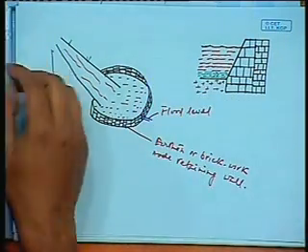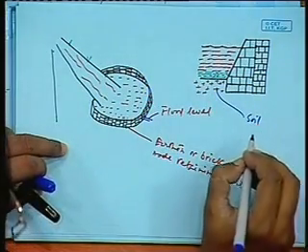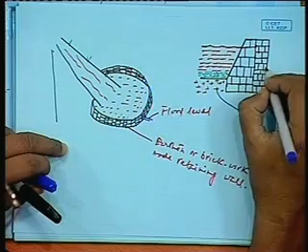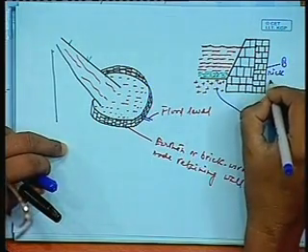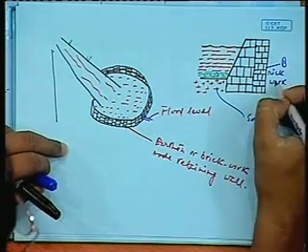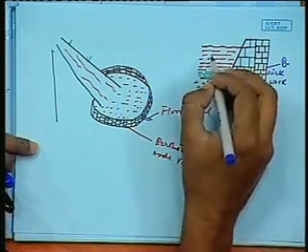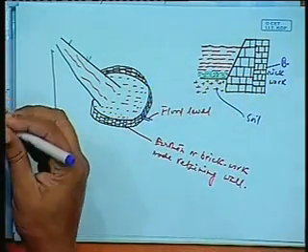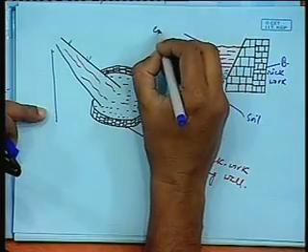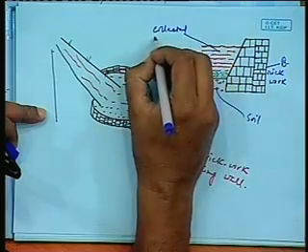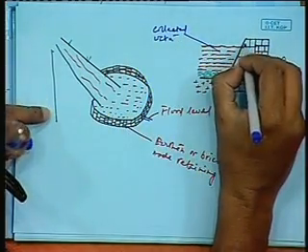This one is the soil surface, this is the brickwork, and this is the collected water.